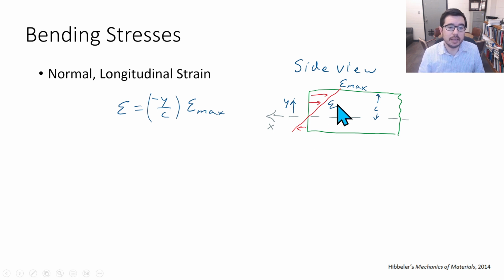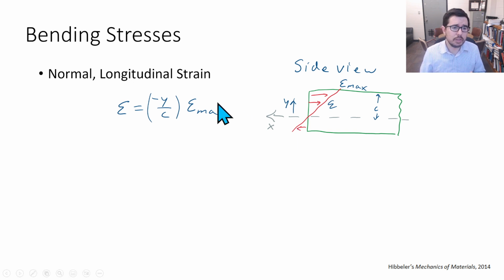It may be that above the neutral axis we have compression, or a negative tensile strain, and below we have a positive tensile strain.